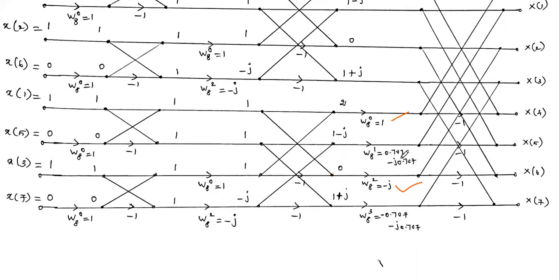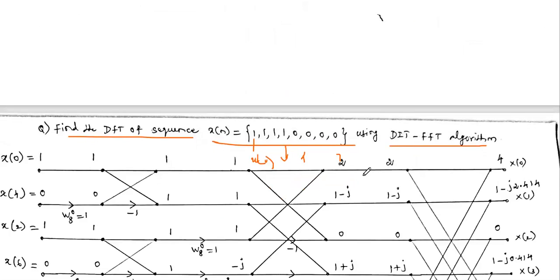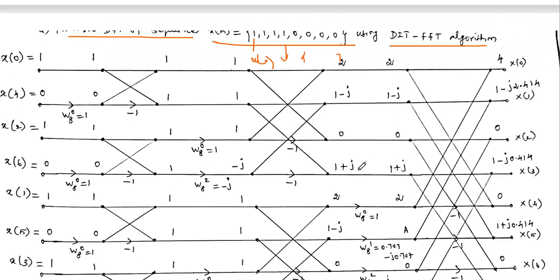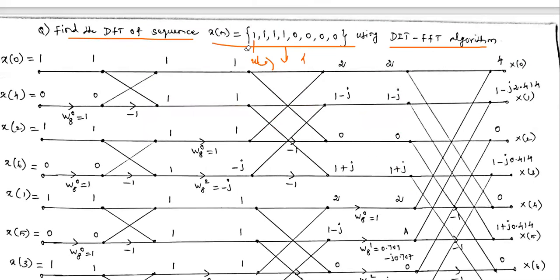So you just note down these answers, and we have to multiply the output of the second stage with this twiddle factor to find the answer here. Now see the next diagram. In the first 4 lines of our third stage, the same 2 is available here, the same 1 minus j, the same 0, the same 1 plus j.